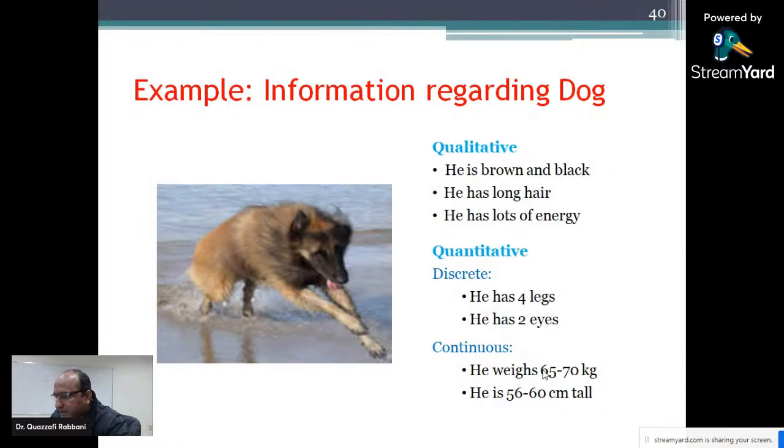Any value between this. So there are infinite values in this range 56 to 60. So you can take the information like this: qualitative, quantitative, and the discrete and continuous observations from this running dog.